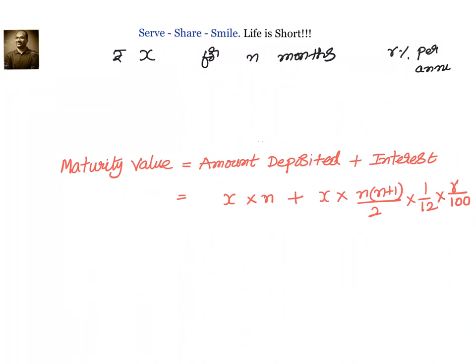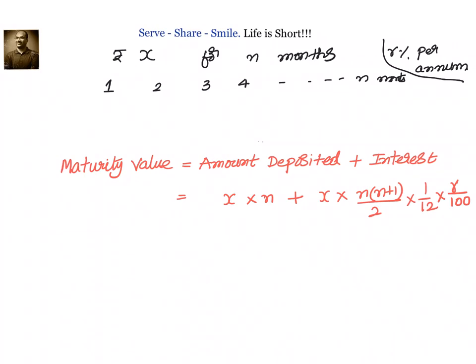Now, since we are depositing X rupees every month, what amount will we get on maturity? Let us understand how we are doing the deposit. Let us say the first month, second month, third month, fourth month, like that we have n months.